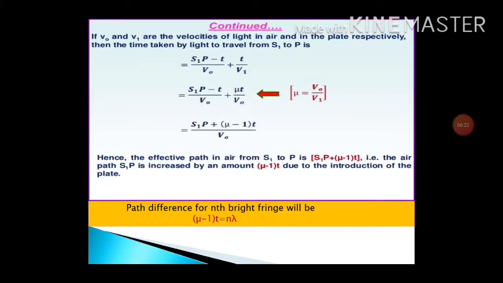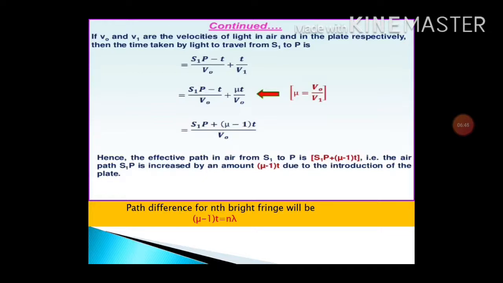Now let us consider V0 and V1 as the velocities of light in air and in the plate respectively. Then the time taken by the light to travel from S1 to P, so what will it be? You know the formula of time: time is equal to distance upon velocity.